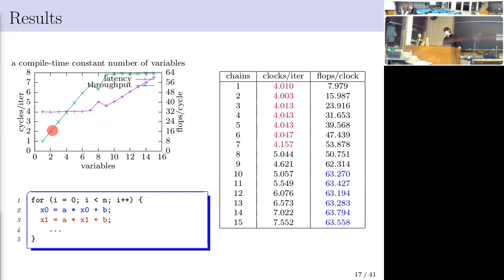So the throughput almost linearly increases up to a limit, which is exactly 2 FMAs per cycle. In terms of floating point operations per cycle, it is 64 single precision floating point operations.